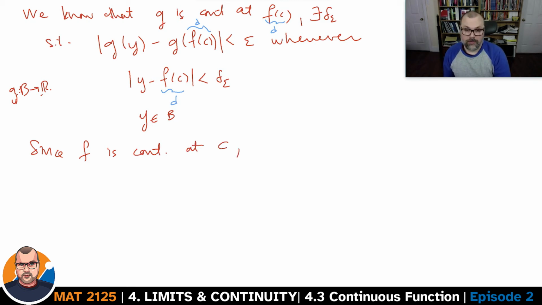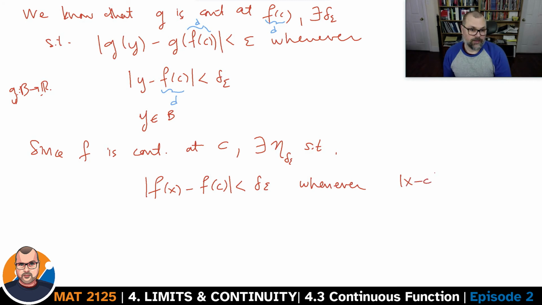So there exists an eta, which will depend on the delta_epsilon that I found here, which itself depends on the epsilon, such that |f(x) − f(c)| < delta_epsilon whenever |x − c| < eta_delta_epsilon and x belongs to A.